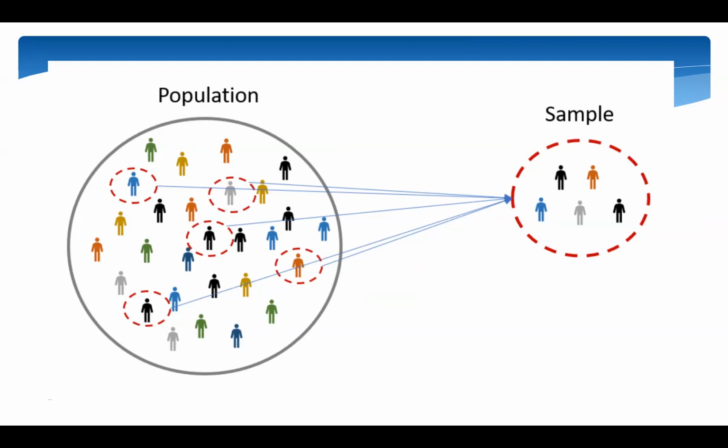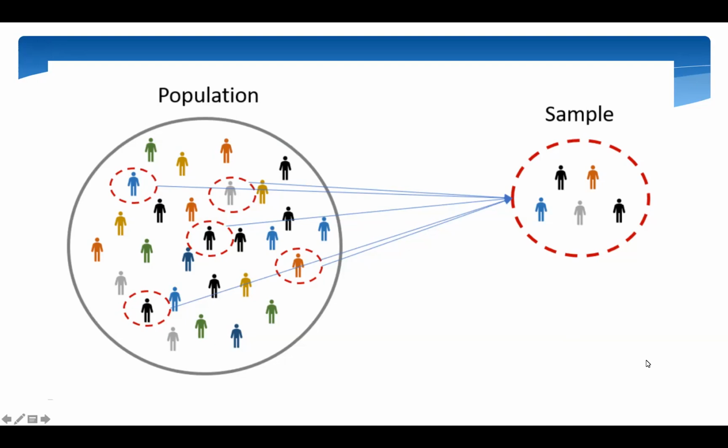When we do the tests on this sample, we expect that whatever result we get from the sample we should be able to apply to the population. If the sample has a certain characteristic or parameter, then that parameter should be applicable to the entire population from which the sample has been taken. That is what research is all about.